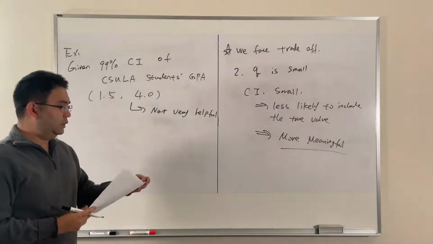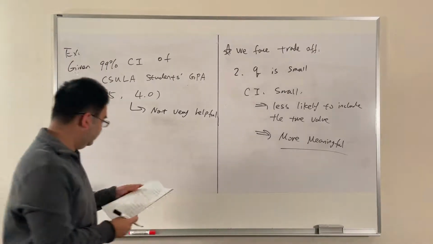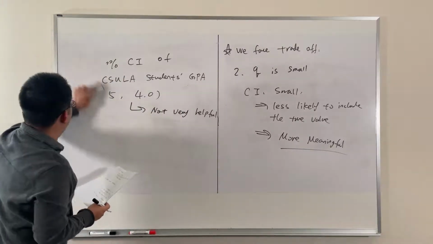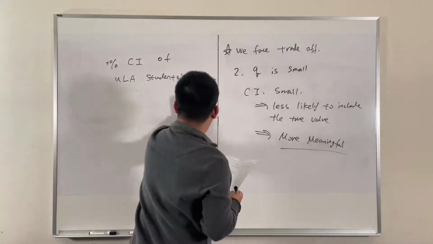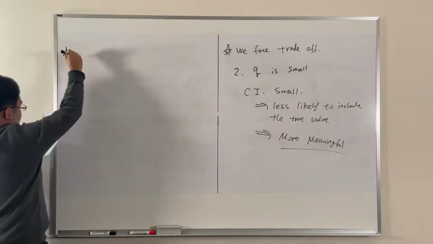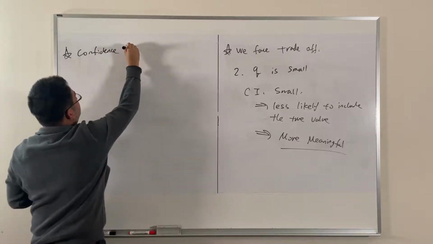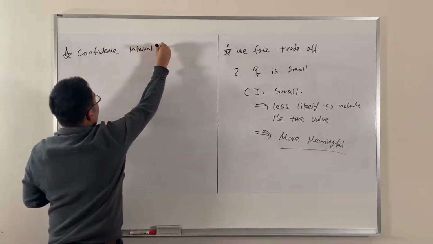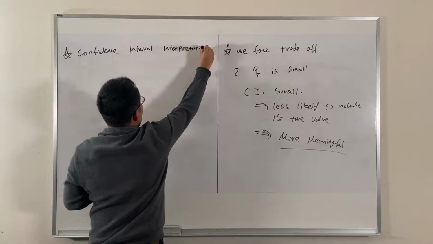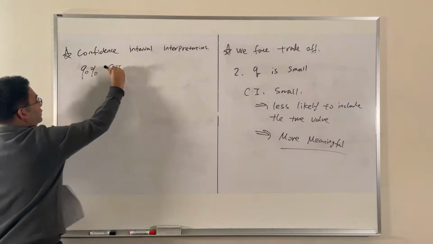Okay, sounds good. So next, we'll talk about the interpretation of these confidence intervals. Okay, there are two confidence interval interpretations. Let's say we have a 90% confidence interval.